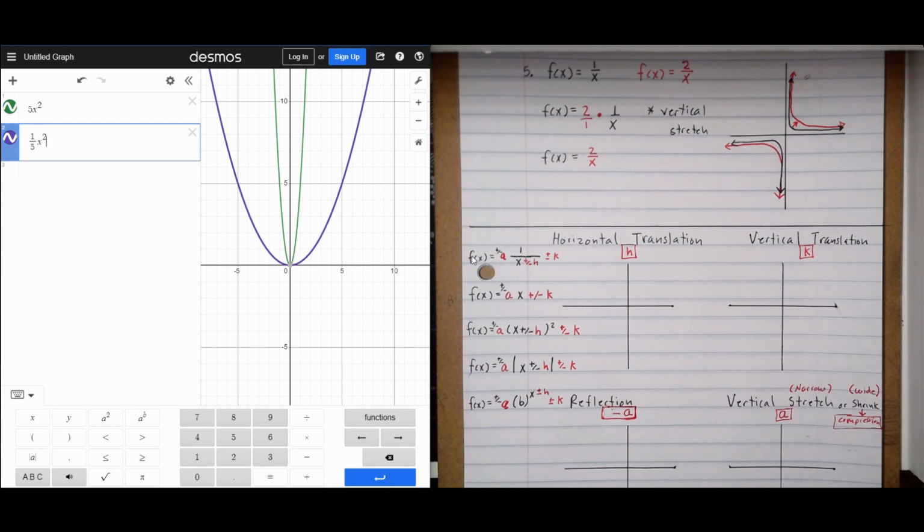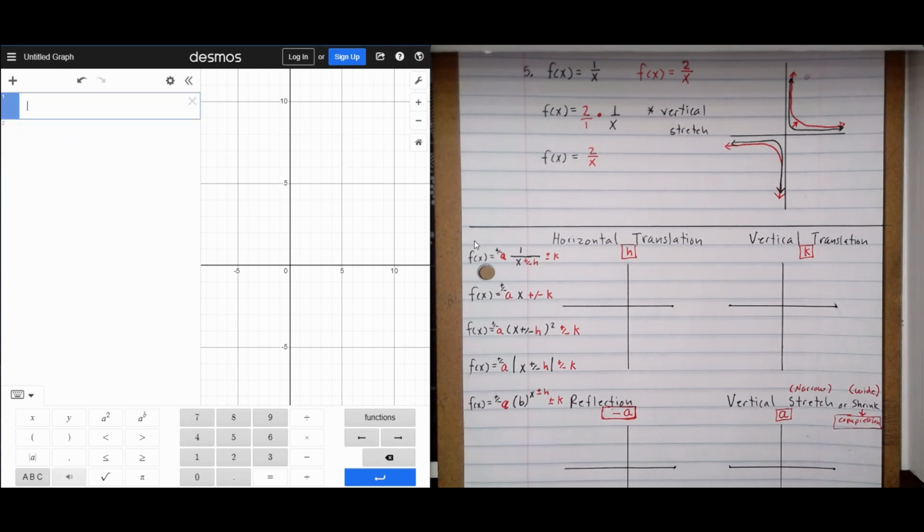Let's go ahead and let's see what it looks like here on this rational function. So I'm going to go to the rational function. And if I take that a value, so we already used 2, so let's try a different one. Let's say we had 5. And then actually, you know, first I'm going to go ahead and put 1 over x. So you can see what it looks like.